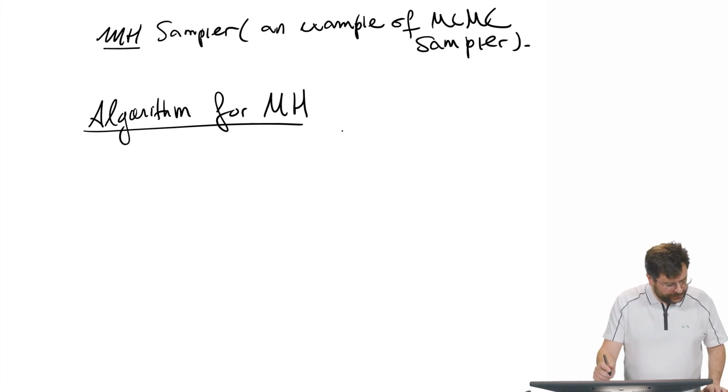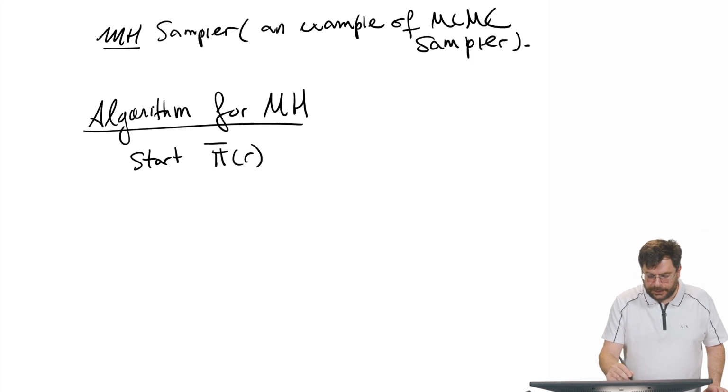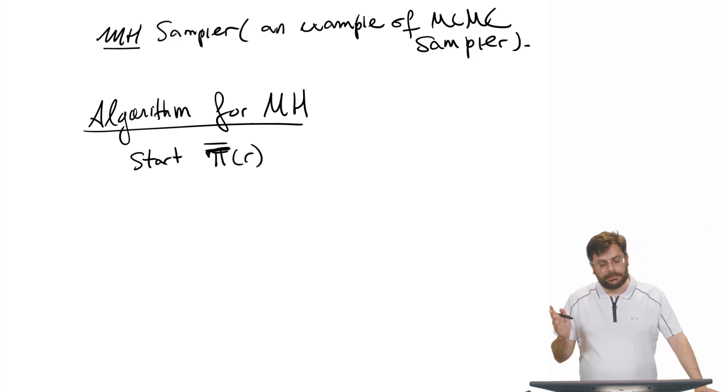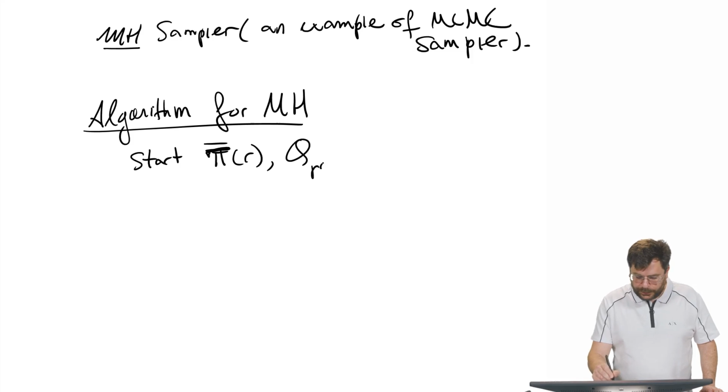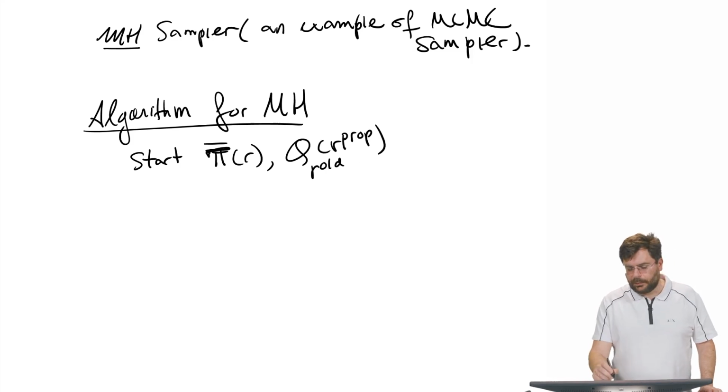for Metropolis-Hastings. So first thing is that you need to have a target distribution, or if you can't normalize it, that's perfectly fine, an unnormalized target distribution. Then you will also need a proposal distribution. And what we're basically saying here is that the proposal distribution is a function of r proposed given an r old.